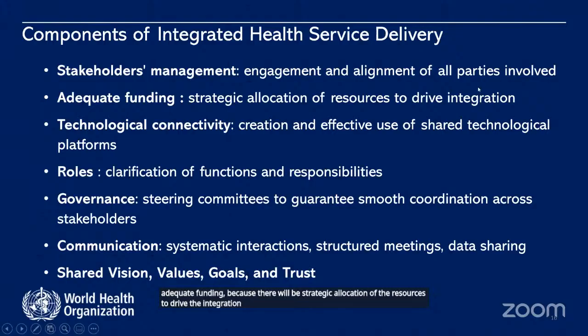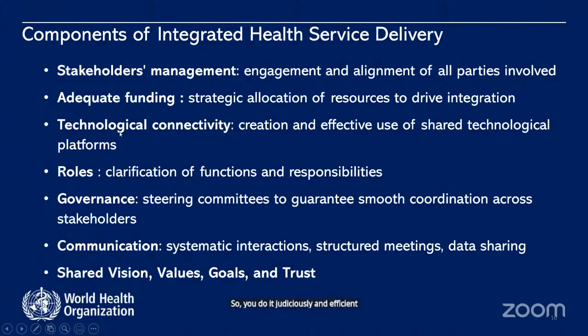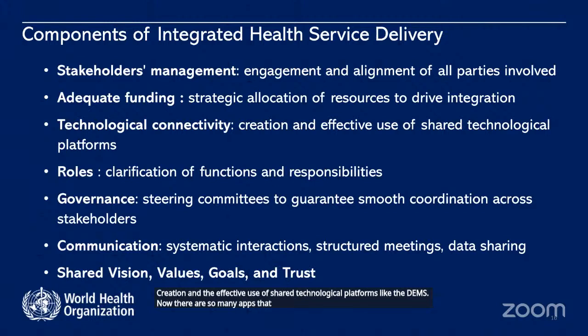So you do it judiciously and efficiently. And then technological connectivity, creation and effective use of shared technological platforms like the DIMS. Now there are so many apps that we use for monitoring and the rest, and they can be used for several diseases, not just one.